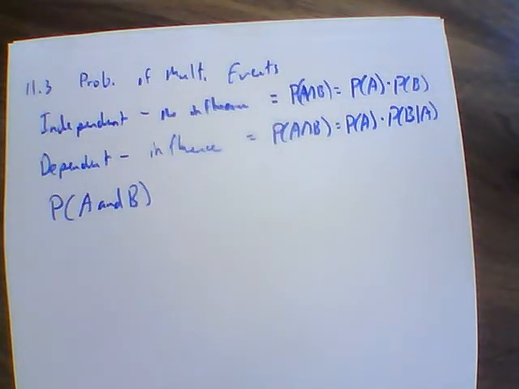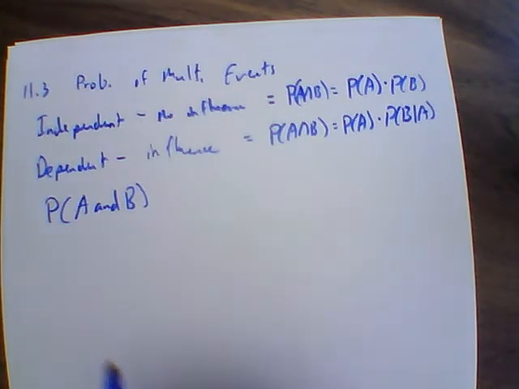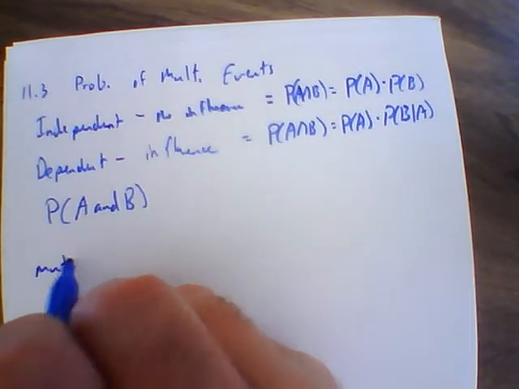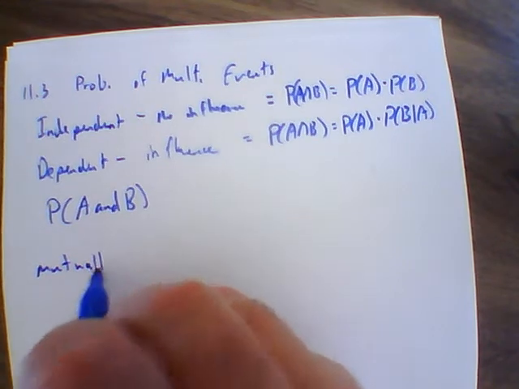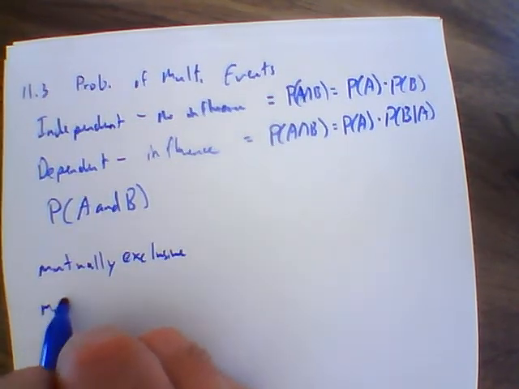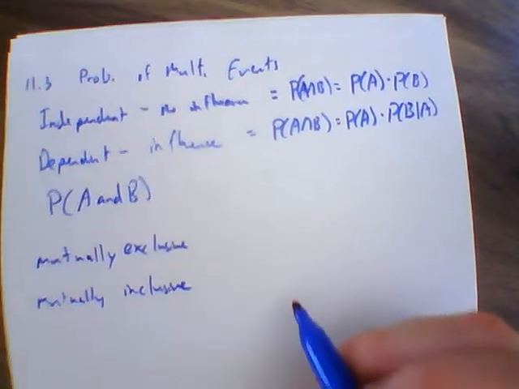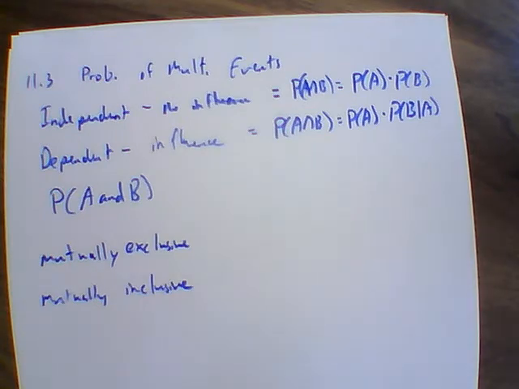Other topics we start talking about are whether we have things that are mutually exclusive or mutually inclusive. Okay, so mutually exclusive events are basically two events that cannot happen at the same time.